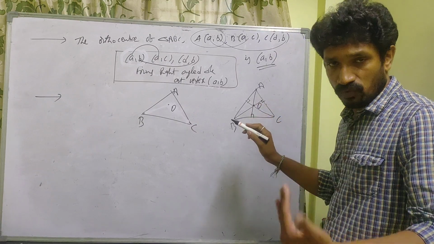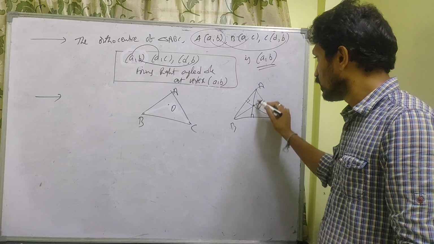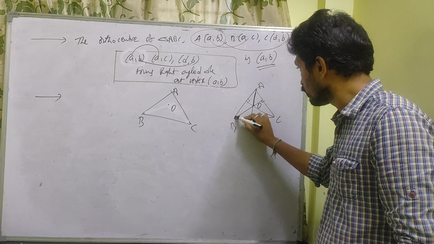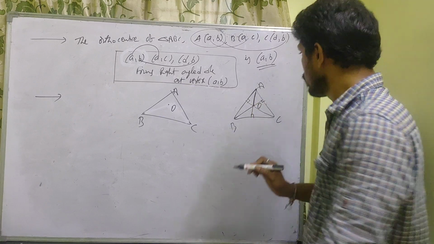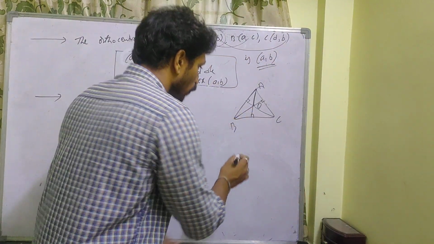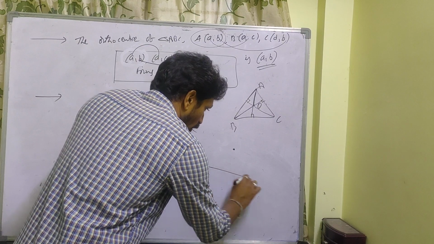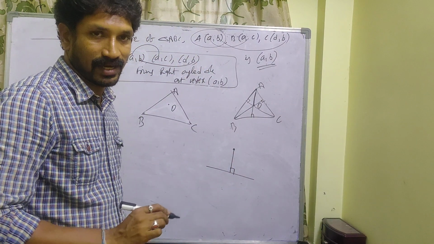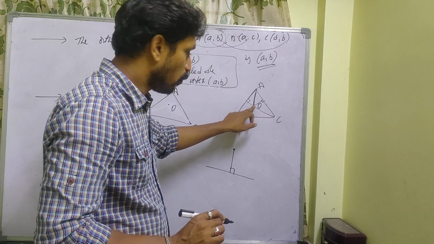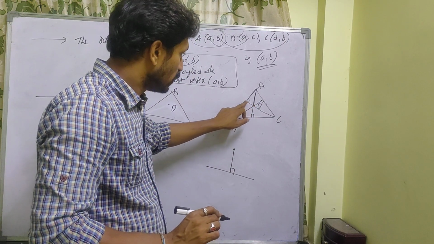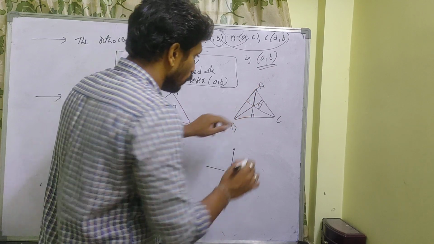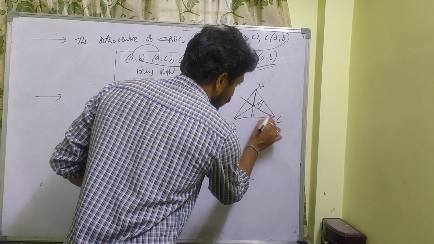You have to find the orthocenter of triangle OAB. Let us take this is the triangle OAB. From one point we can drop only one perpendicular to any one of the sides. So from this point O, this is the only altitude to this side AB. If we extend this one, it will be like this.